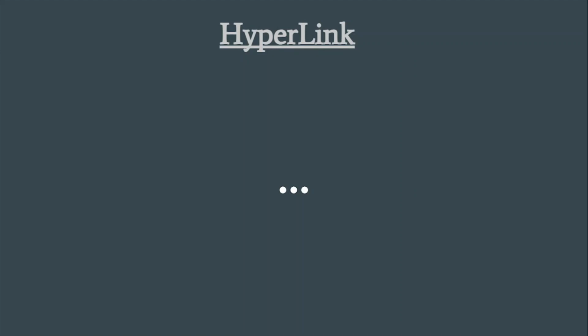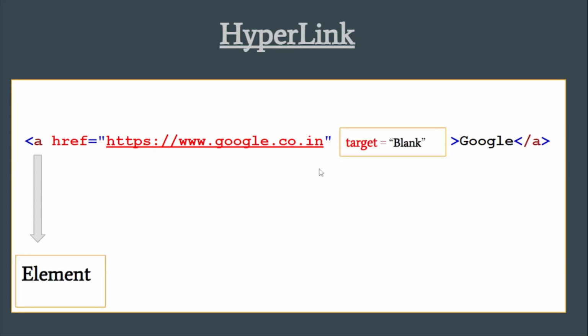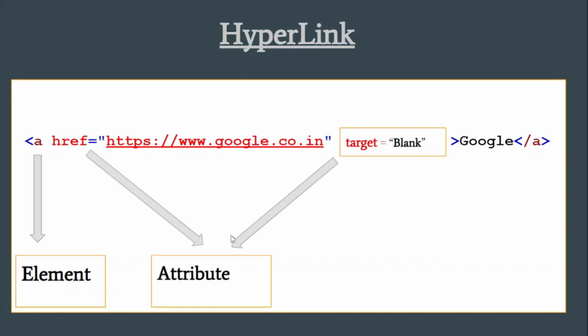What is a hyperlink in HTML? A hyperlink tag is used for navigation purposes. The href and target attributes are there in this hyperlink. So a is an element, and href and target are attributes. In href we can write some URL.